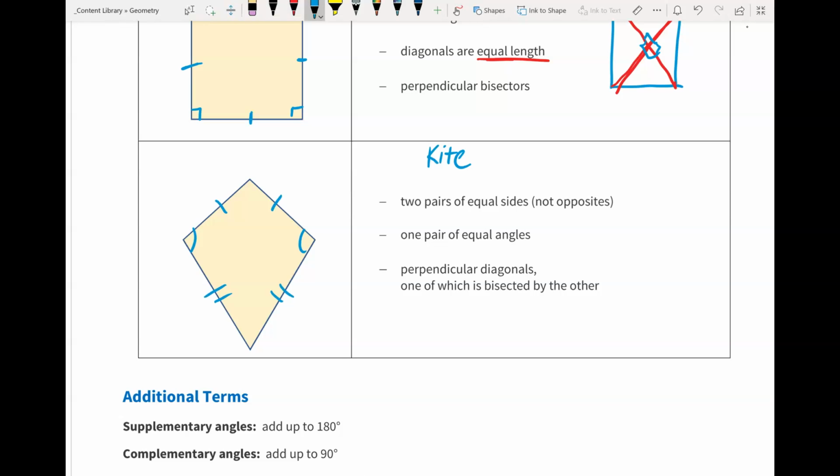No. You're going to have perpendicular diagonals, one of which is bisected by the other. So here's your diagram. I'm going to redraw a kite. And your diagonals look like this, like a cross. And that's just saying that these are perpendicular, so they create 90-degree angles.